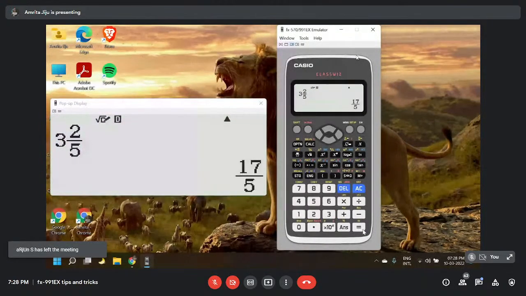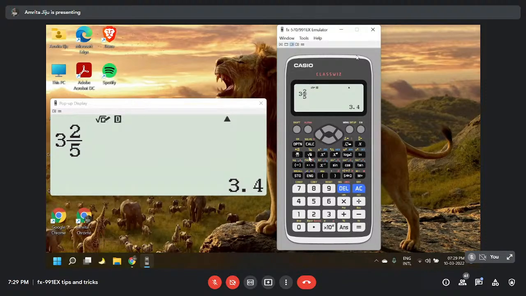If you just click equal to, it will give the normal fraction form, like 5 into 3, 15 plus 2, 17 by 5. Yeah, you can convert it to decimal form. So it's basically the mixed fractions. If you click shift and then equal to, you can convert it into mixed fractions as well. So that's the basic difference between those two functions.